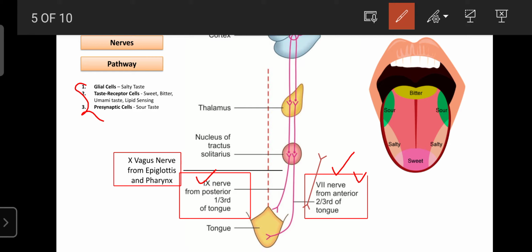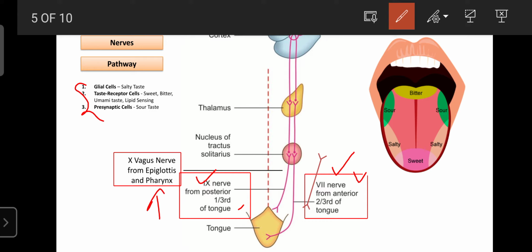This glossopharyngeal nerve carries the nerve impulses regarding taste, generated by these cells, from the posterior one-third of the tongue, from where it carries them towards the cortex. And the next one is the tenth, the vagus nerve. It carries the impulses from the epiglottis as well as from the pharynx.